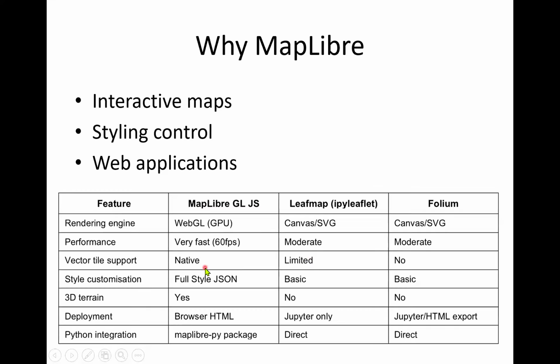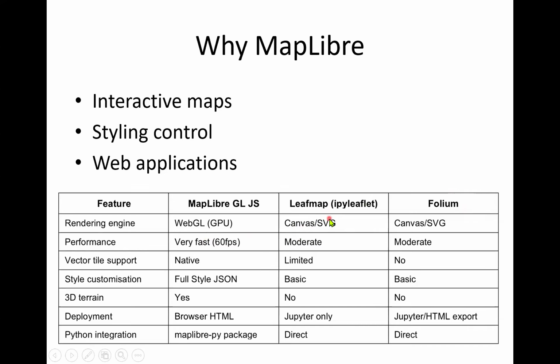When we say rendering engine, MapLibre uses the computer's graphics card, the GPU, because this gives fast rendering. It can handle large data and gives smooth zooming in and out. Whereas Leaflet and Folium use browser drawing, which uses the CPU, not the GPU.